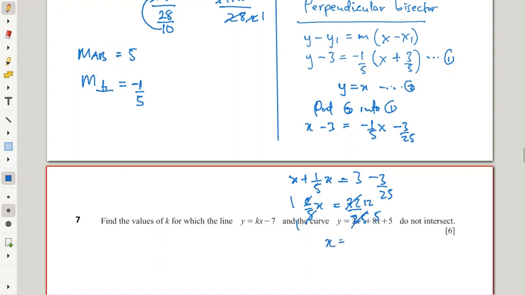So x is equal to 12 on 5. So the point will be x is equal to 12 on 5. Now from equation 2, we know that x and y are the same. So that means if x is 12 on 5, y will be 12 on 5.